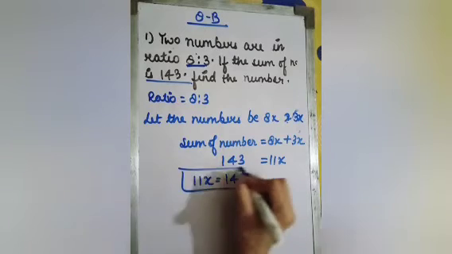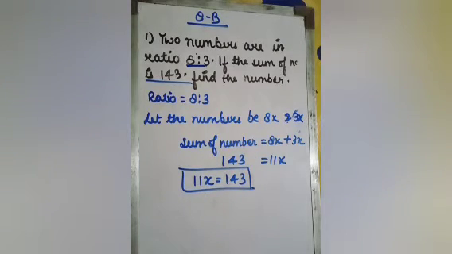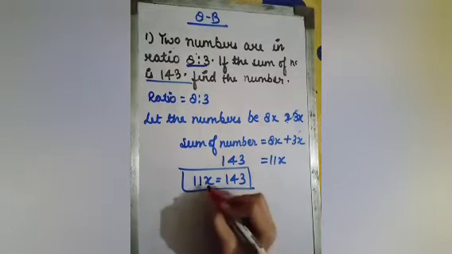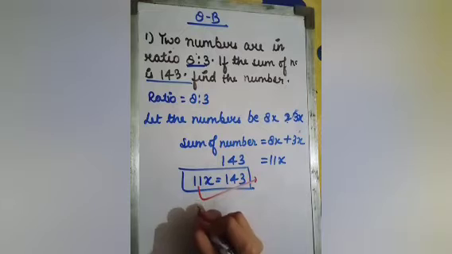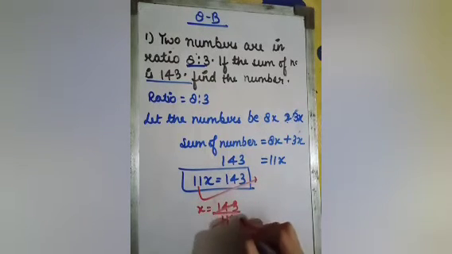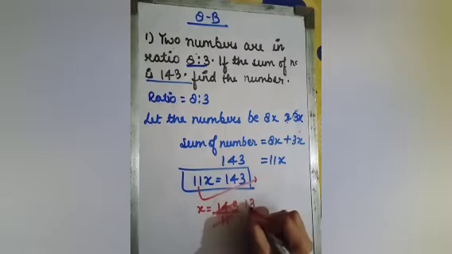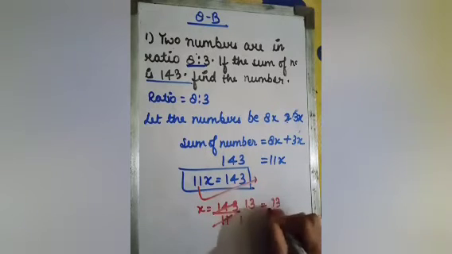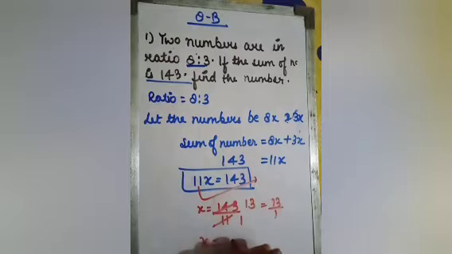This is the equation. Now solve this equation and find the value of x. You will send this 11 on the other side, so this will be 143 upon 11. Now cut it. 11 ones are 11, 11 ones are 11, 11 threes are 33. So x equals 13. What is the value of x? It is 13.